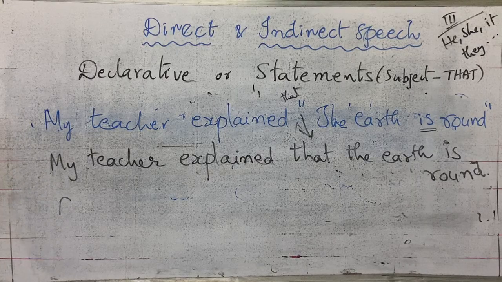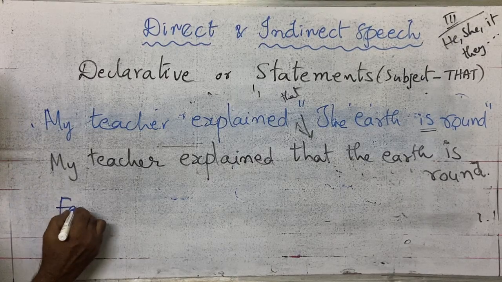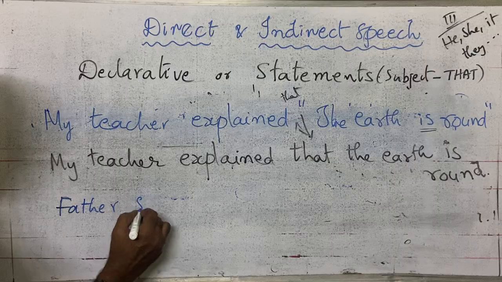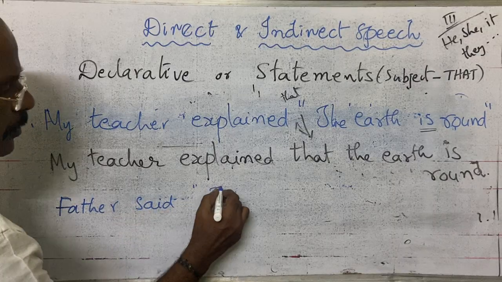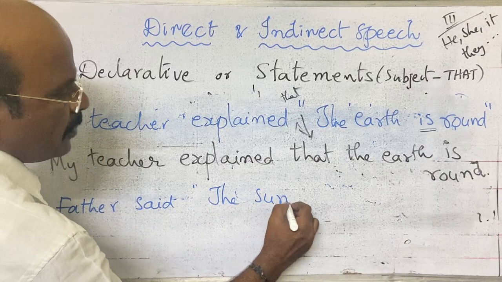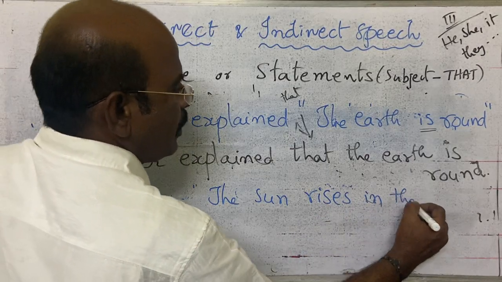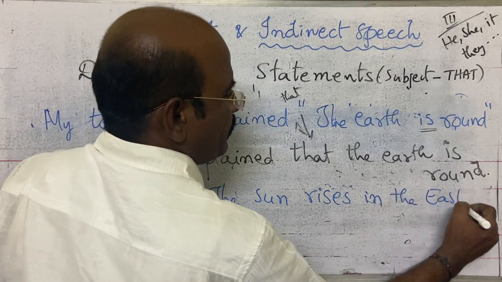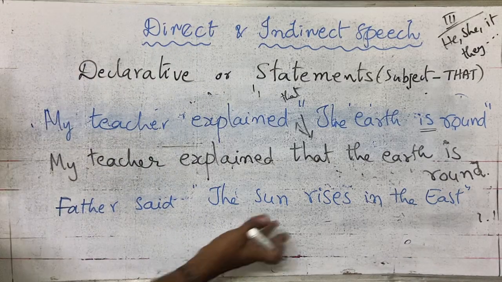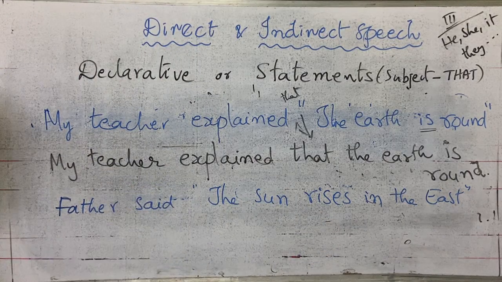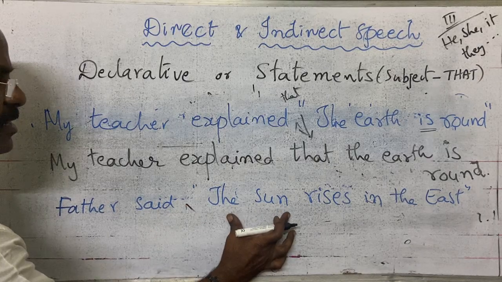Father said the sun rises in the east. Yeah, this is also a universal truth. So here the conjunction comes, because the subject is there.